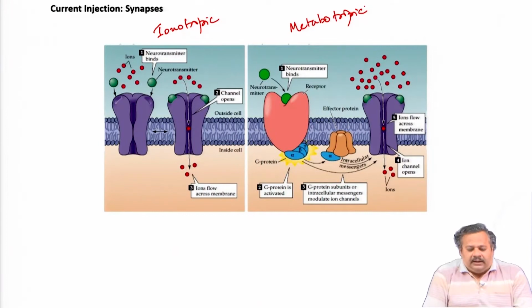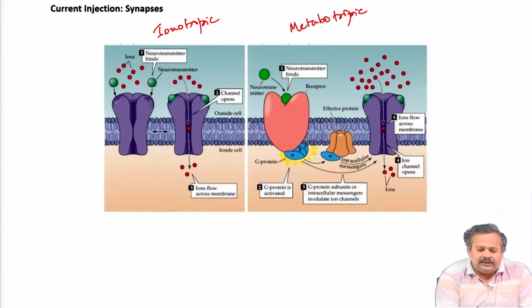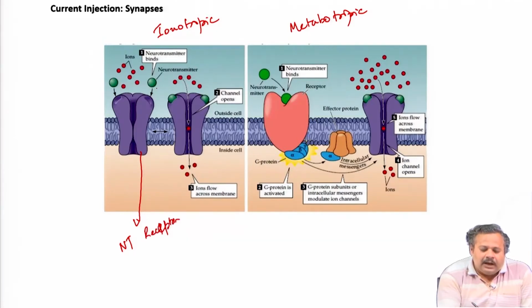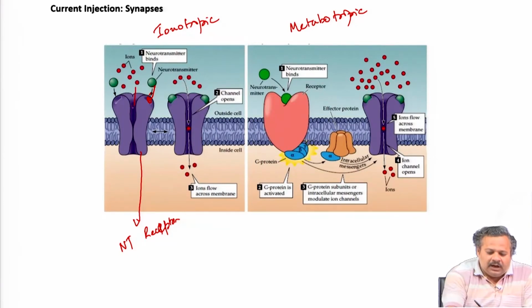What we mean by that is, as shown in the example here, these are the neurotransmitter receptors, and if the neurotransmitter binds to the binding site here, as described with this indentation on the diagram, the receptor opens and that allows the ions to flow through.